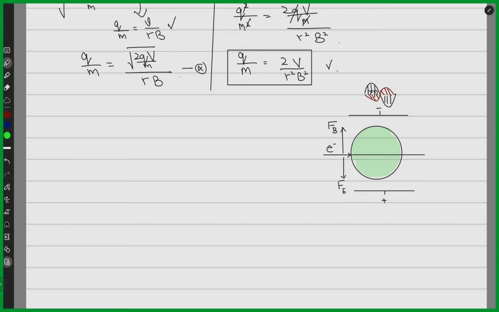Well, now I have these forces. I've applied the electric field. Can you suggest what I could do to the kinematics of the electron to make sure that it goes straight without being deflected?